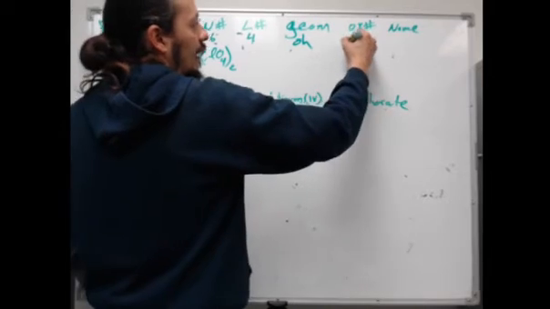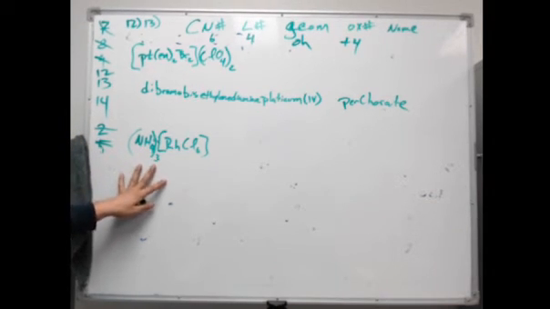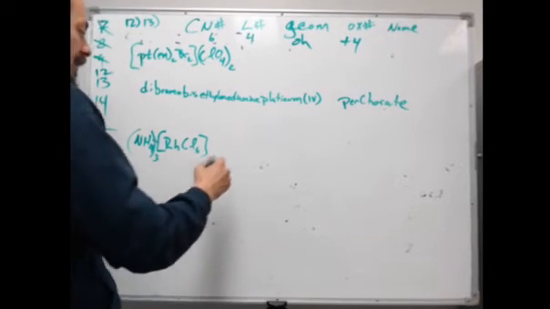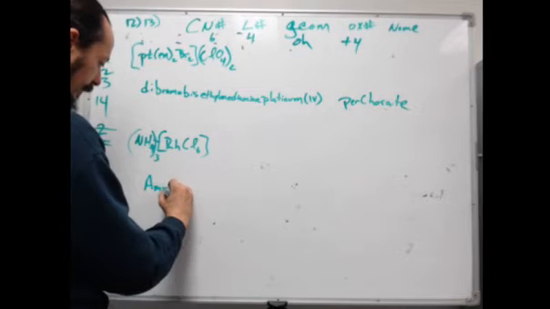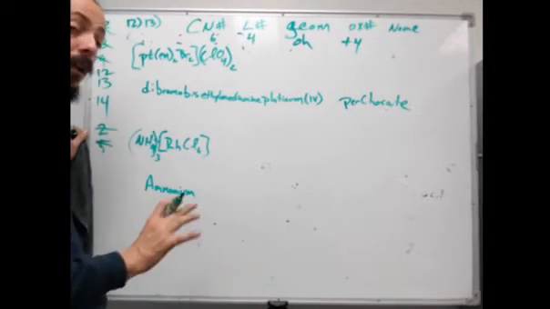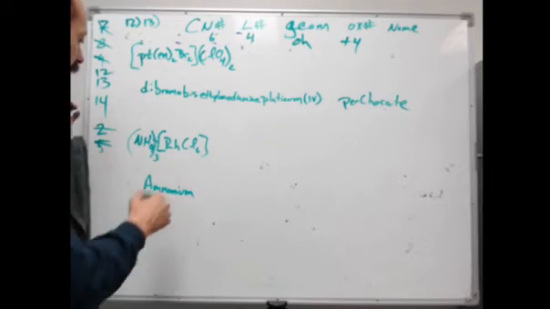Oxidation number we figured out already, +4. We did that to name it. We talked about how we did that. So that's that one. So let's go ahead and name this thing now. This is ammonium. Not ammonia, we need the ammonium, positive ion, right?